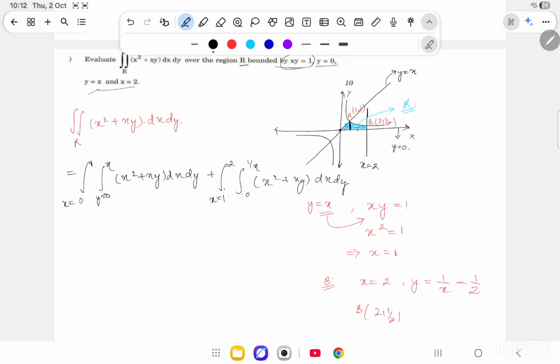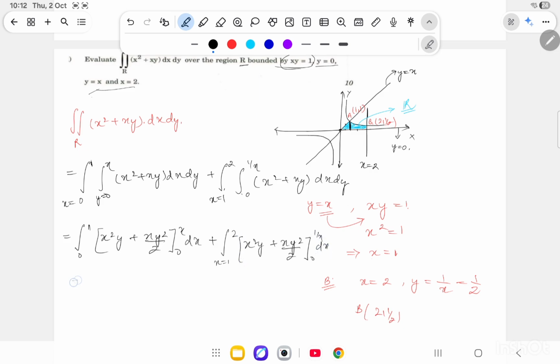Now let's solve this integration. It will be equal to the integral from 0 to 1, and we are first evaluating with respect to y, so it will be x square y plus x y square by 2 over 0 to x, dx, plus the integral with x from 1 to 2 of x square y plus x y square by 2 over 0 to 1 by x, dx.